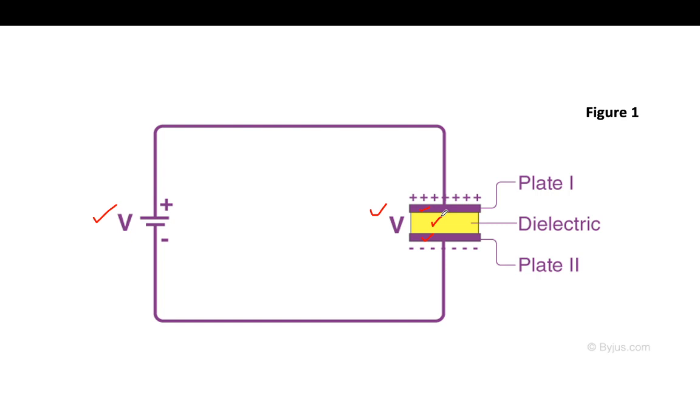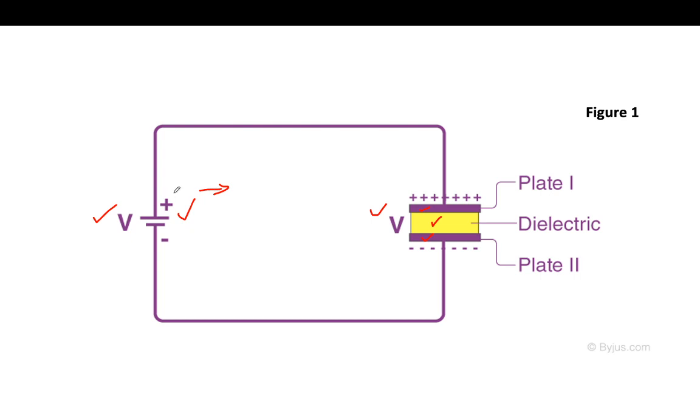So when we connect a DC voltage source across the capacitor, one plate is connected to the positive end, plate 1, and the other plate to the negative end, plate 2.